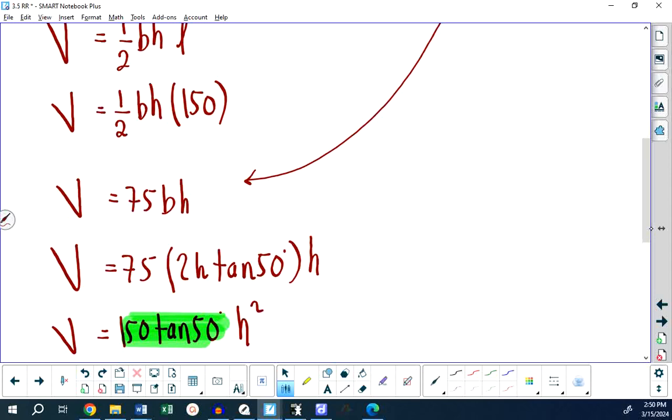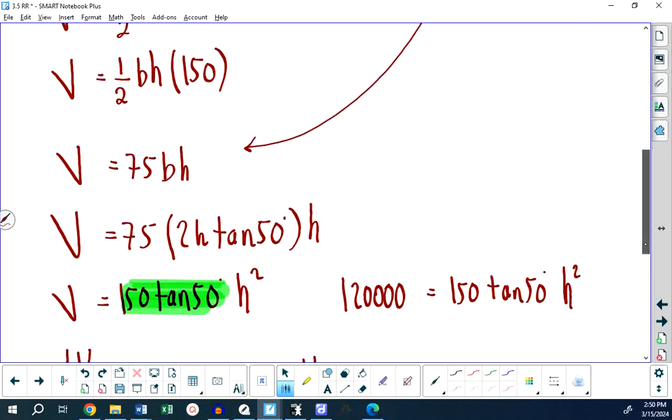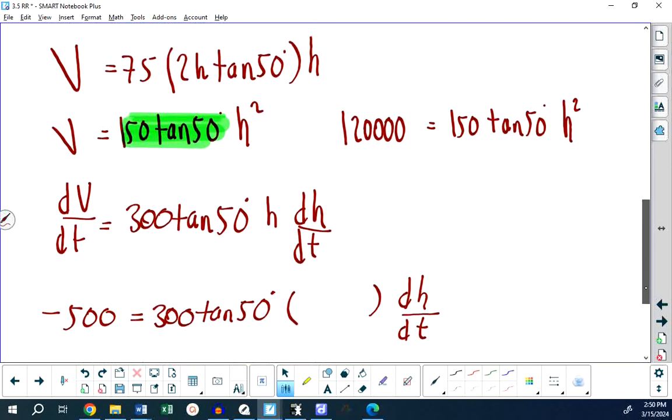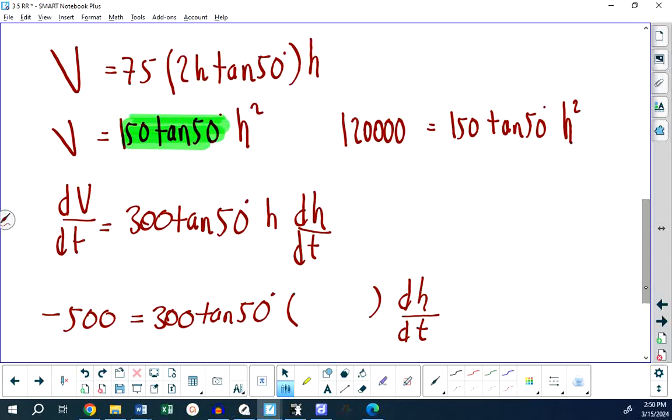So that's what I'm going to do. I'm going to put 120,000 here equals 150 tan 50 times h squared. What does that tell me? Give me a second here.